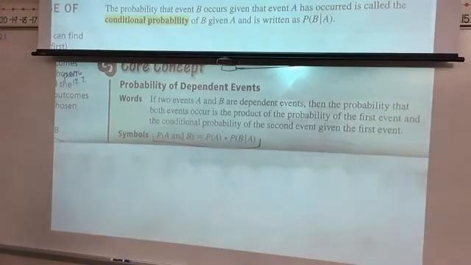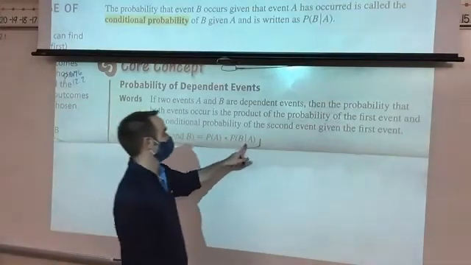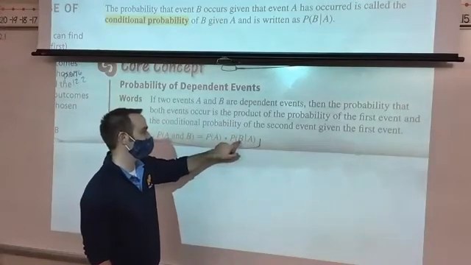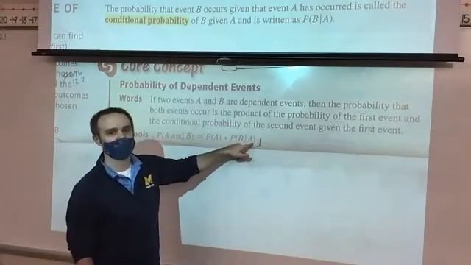What does that line mean again in the middle? That's our conditional probability. This is saying the probability that B is going to happen, given that A has already happened.